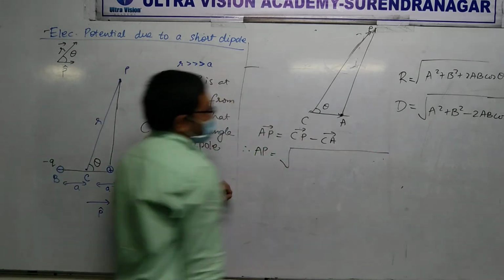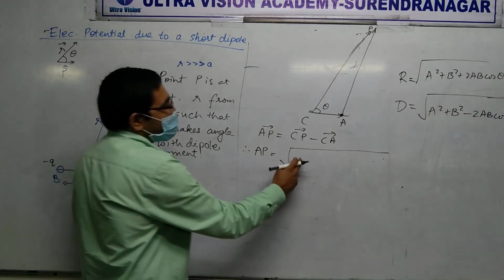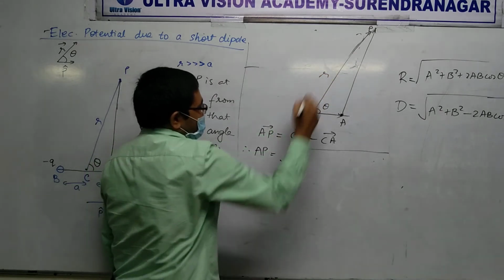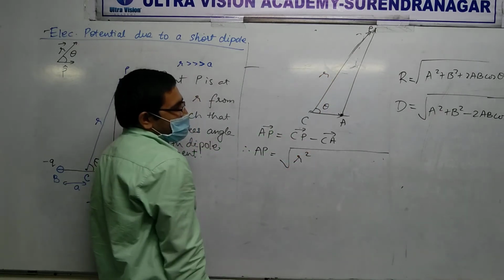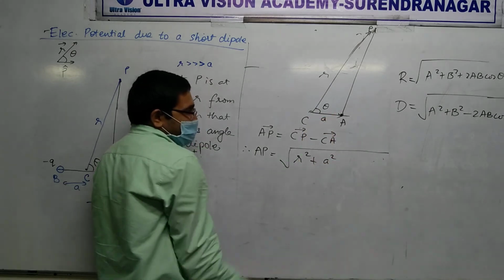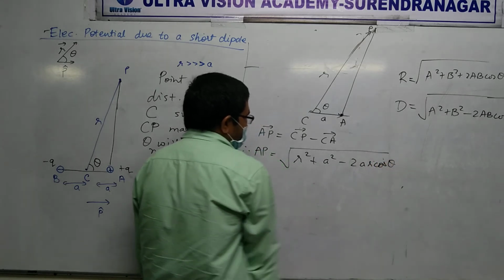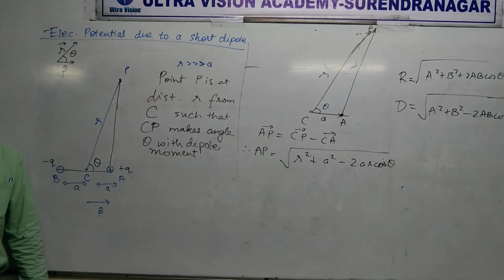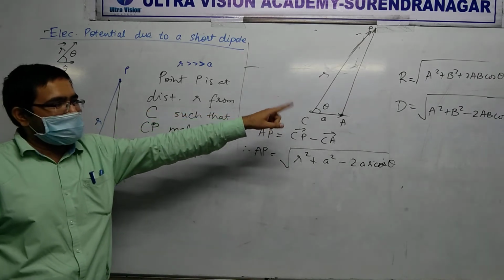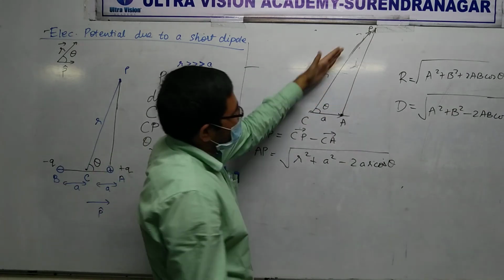So under root, CP square, which means r square, plus CA square, which is a square, and then minus 2ar cos theta. We use that difference magnitude formula, under root a square plus b square minus 2ab cos theta, where theta is the angle between the first and second vector.